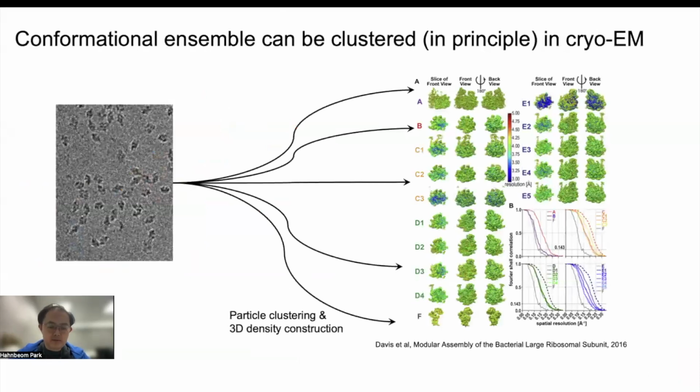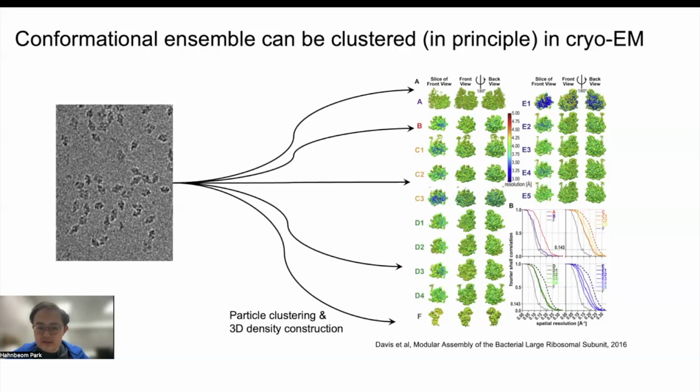Cryo-EM has some information, but it depends on how the experimentalists interpret the cryo-EM data. Naturally, the cryo-EM sample consists of many dynamic states of the protein. If you can carefully classify them into different classes of dynamic states, like shown here, A to F, then you can make a whole bunch of different static snapshots that represent different states of dynamics.